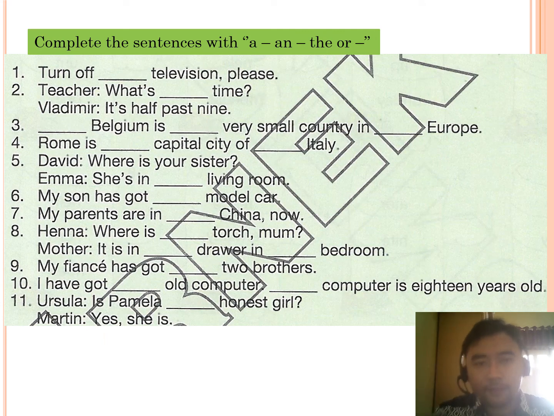Yeah, guys, this slide we can do the same. We just complete these sentences with articles a, an, or the. So you must be very careful, to put which one the best one, which one the best article that we have to complete these blank spaces in the sentences.